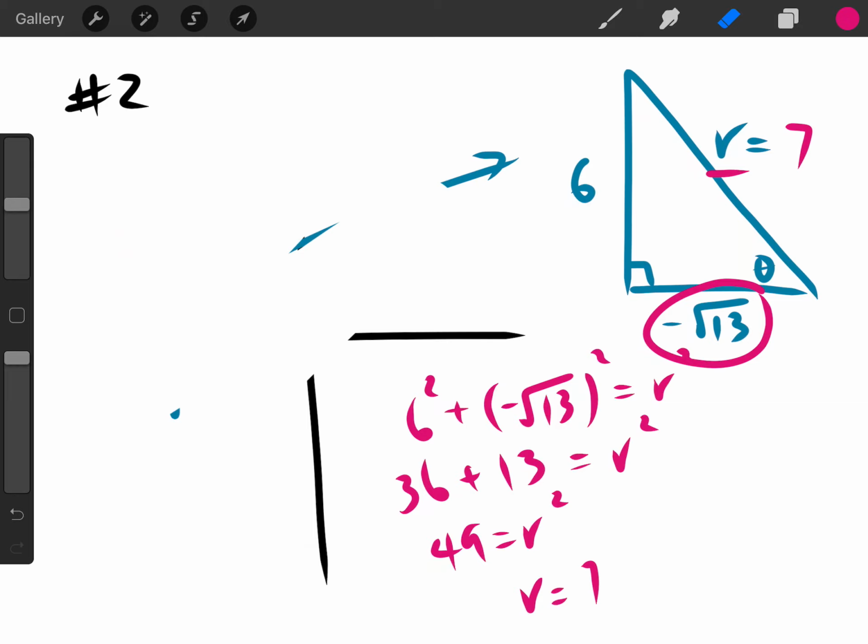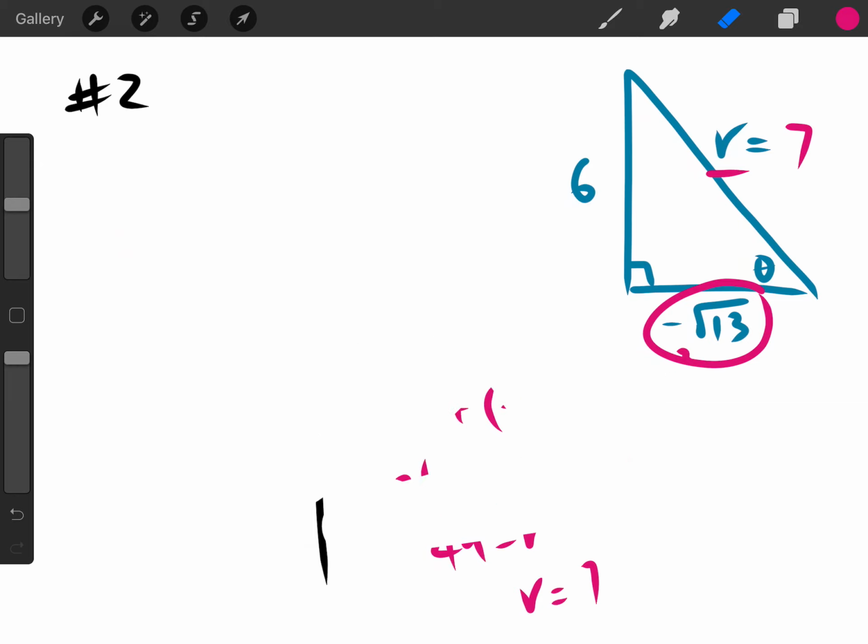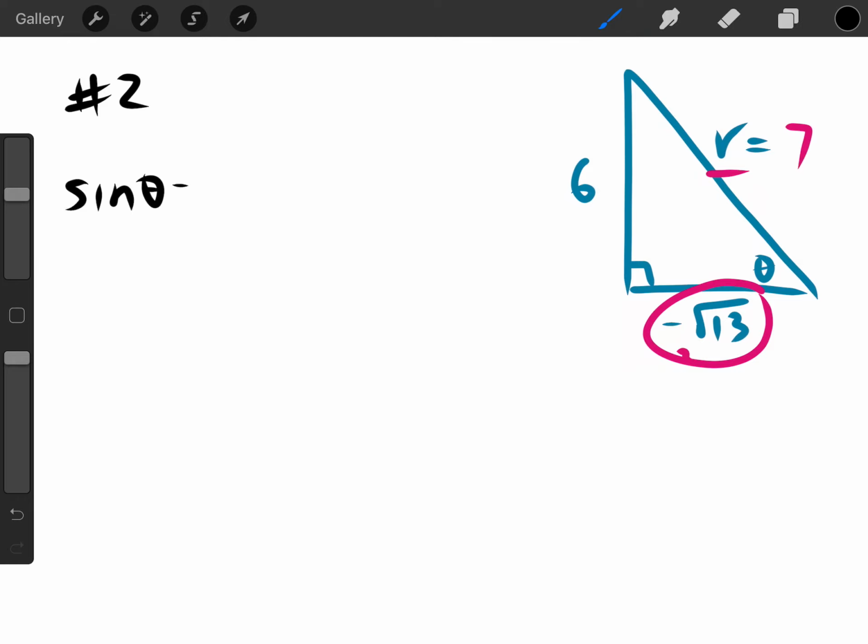So number 2, can you erase this? I need more space for the 6 trig functions. All right, let's come up with the 6 trig functions. All right, so sine theta, it's going to be opposite over hypotenuse. So it's going to be 6 over 7.